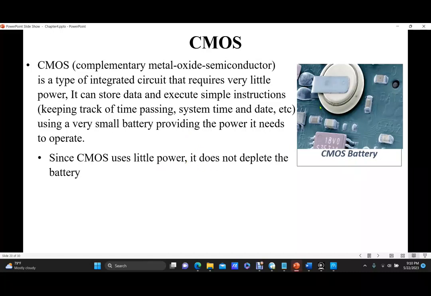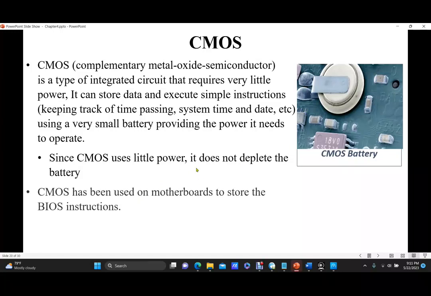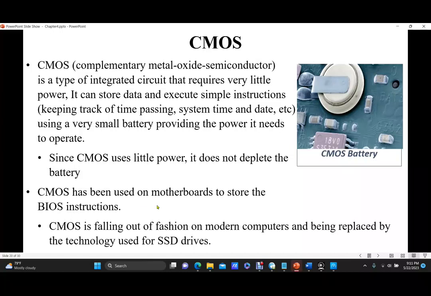Since it uses very little power, the batteries last a long time. CMOS has been used on motherboards for a long time to store BIOS instructions. It's falling out of fashion on modern computers. It's being replaced by the same technology used for solid state drives.